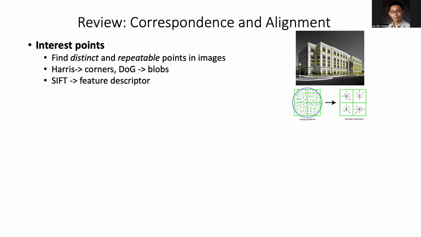Once you get the correspondence and solve for the transformation, you can stitch images together. That's actually very exciting. I think around 25 years ago, that was probably the first computer vision algorithm that made it to the commercial space, when every cell phone would have this homography for image stitching.